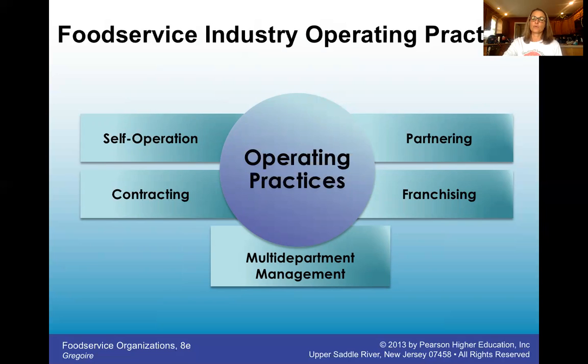And so there's many different options when it comes to how the industry operates. We can see self-operation also in some hospitals, like St. Francis is a self-op cafeteria food service department, where Southeast is a contracted one. So it kind of depends on what the organization wants and what their goals are.